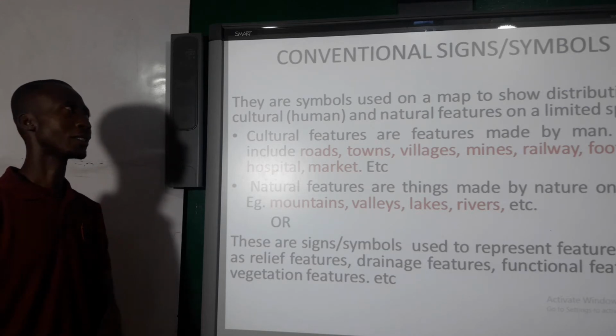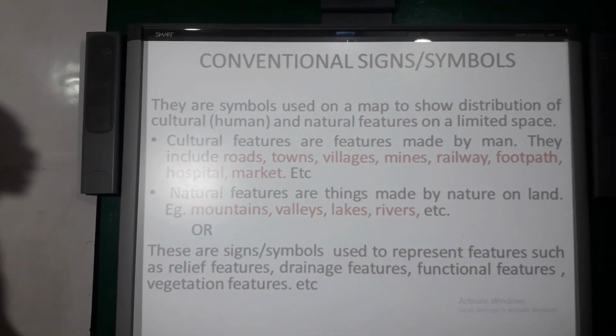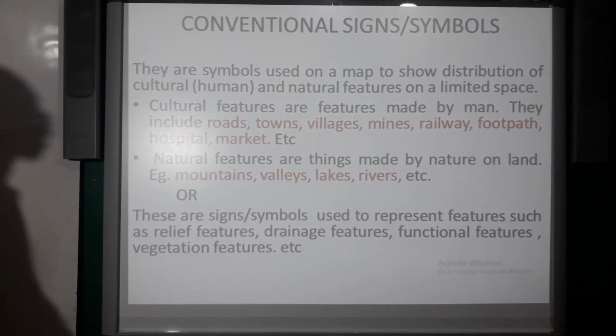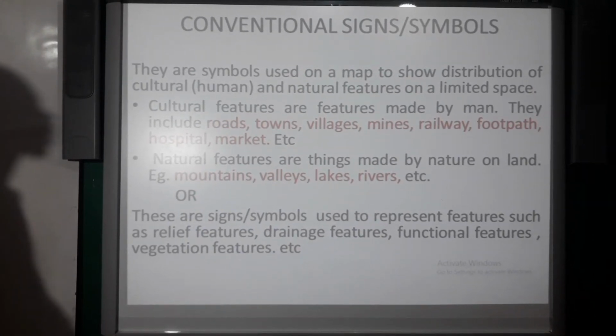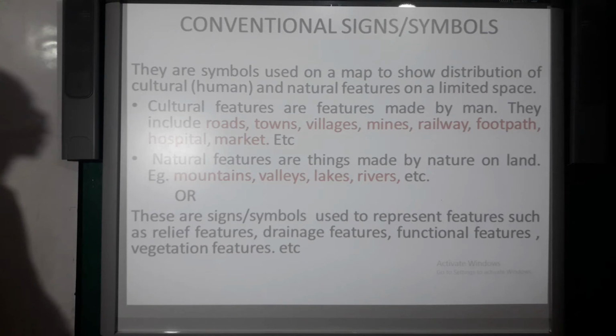On the screen, you can see that conventional signs or symbols are used on a map to show distribution of cultural or human and natural features on a limited space.